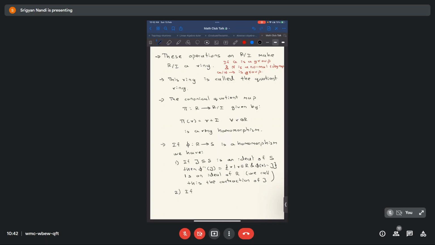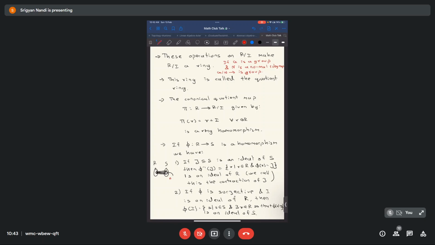So we come to the following theorem with an extra constraint on the map: if phi is surjective and I is an ideal of R, then phi of I, equal to the set of s belonging to S such that there exists r belonging to R so that phi of r equals s, which is basically the image of the ideal I, is an ideal of S. So if I have two rings, R and S, and I have an ideal I, the image of this ideal need not be an ideal in S, and it is an ideal only if the map is surjective.